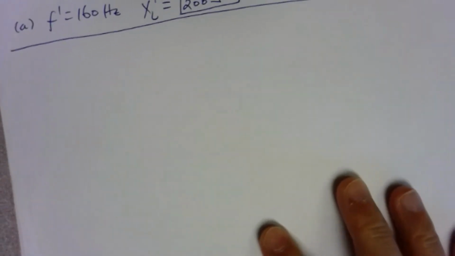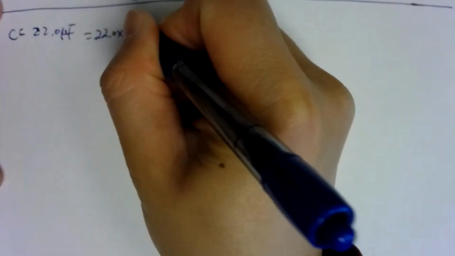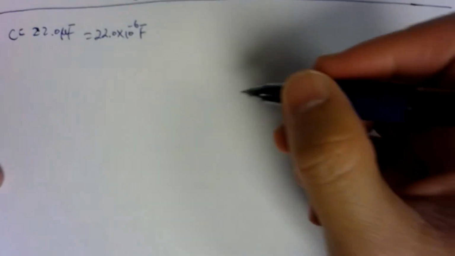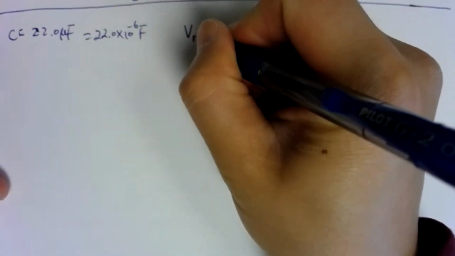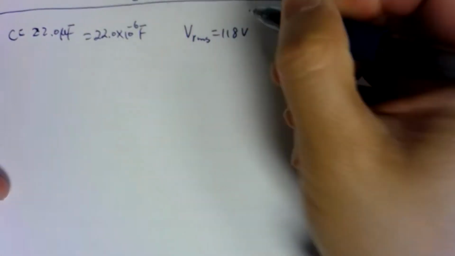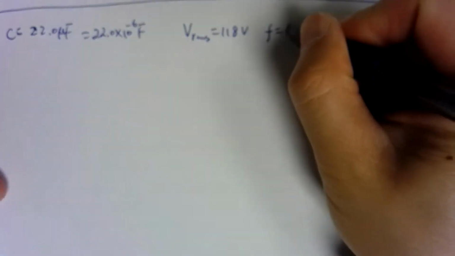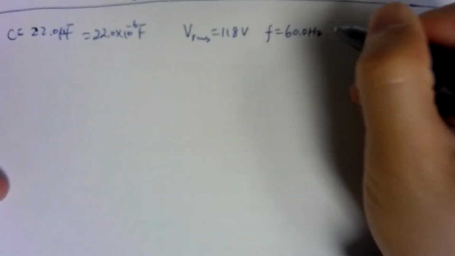So we are given a capacitor of 22 microfarad, that is 22 times 10 to the minus 6 farad. We are given V RMS is 118 volts. We are given the frequency f is 60 hertz.